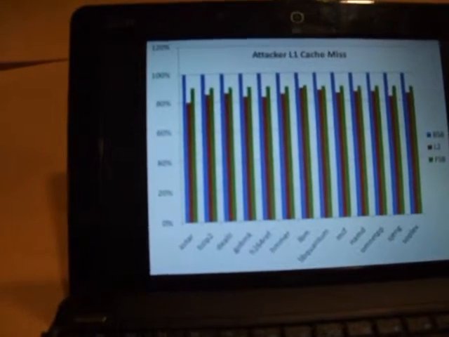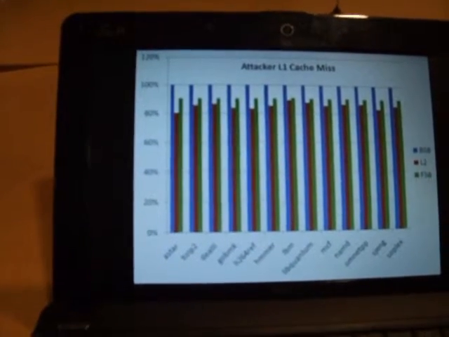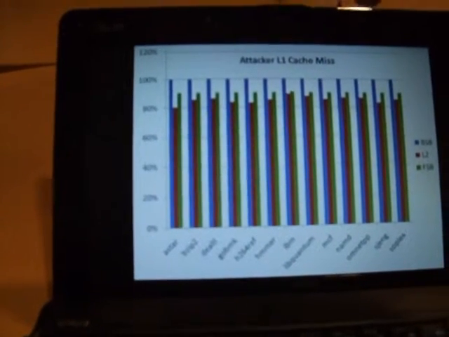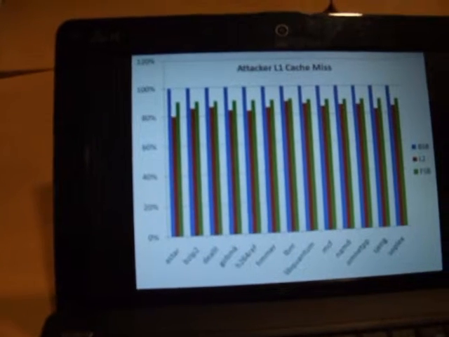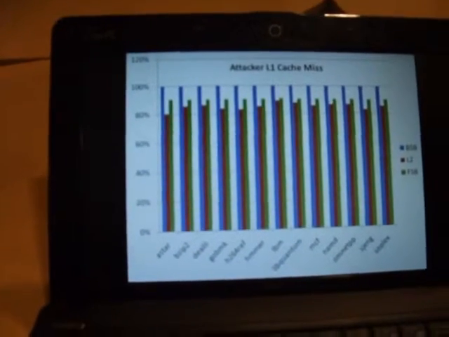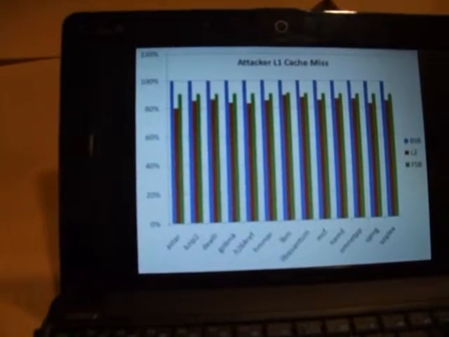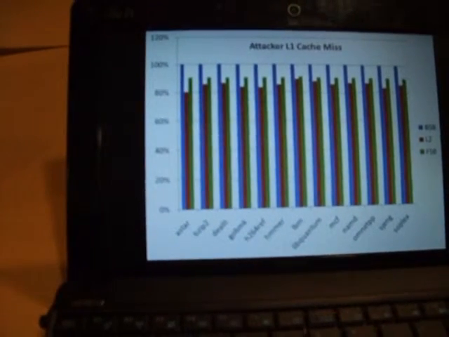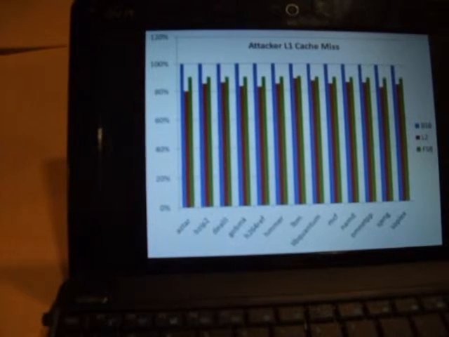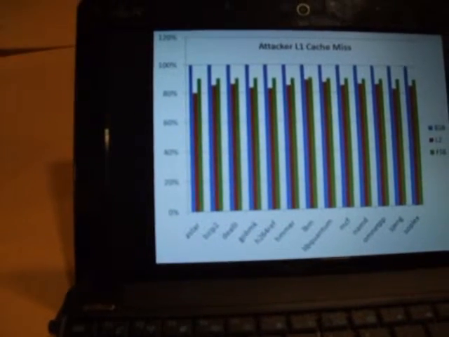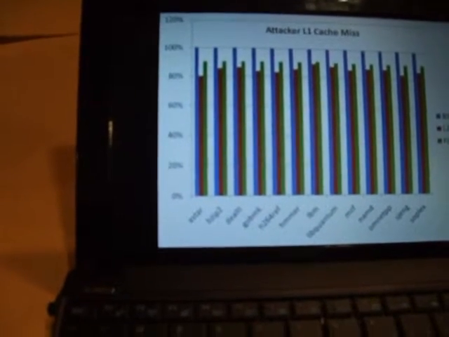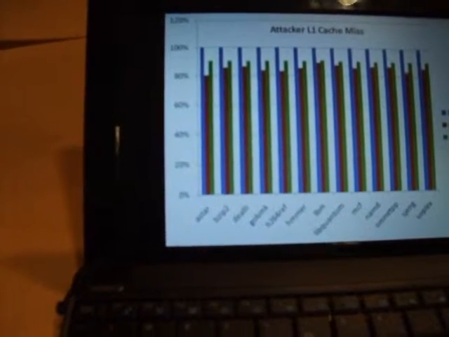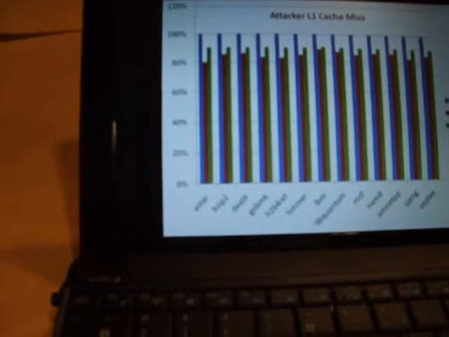Well, the problem of L2 and frontside bus attack is, if you see this graph, this is L2 cache miss for the attacker. Theoretically, the backside bus attack should have almost 100% L1 cache miss, because they access data that is not in the L1 cache. But in this graph, it shows that the L2 cache attack and frontside bus attack have much lower cache miss than the backside bus attack.